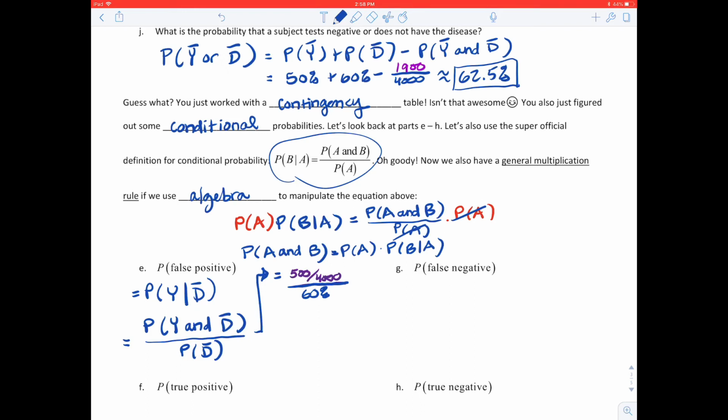When I do that computation, being careful with conversions, I get approximately 20.8%.